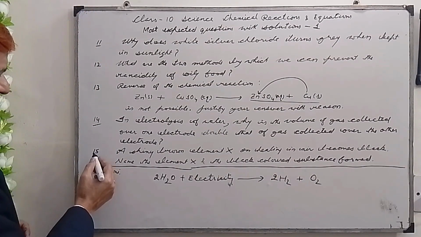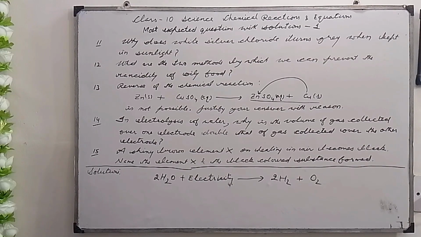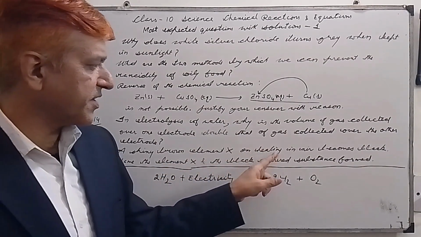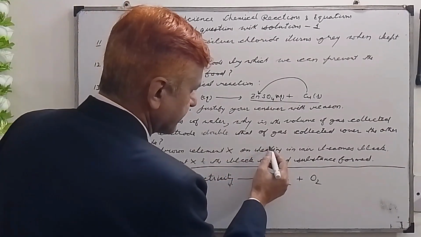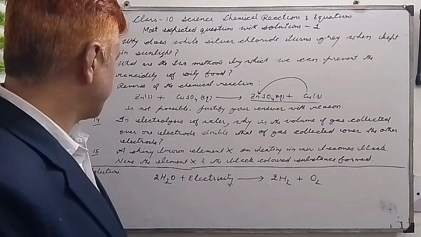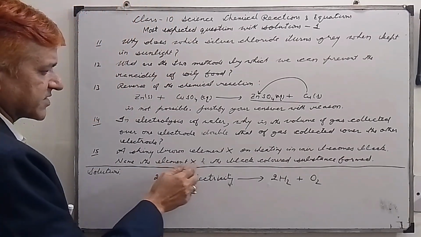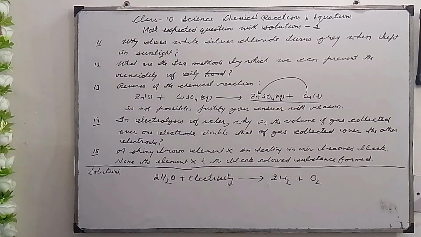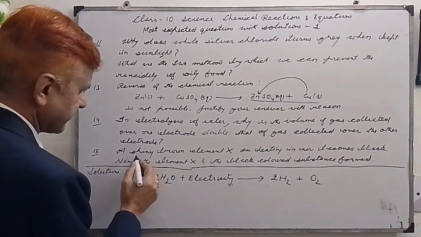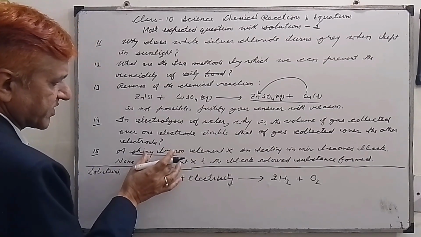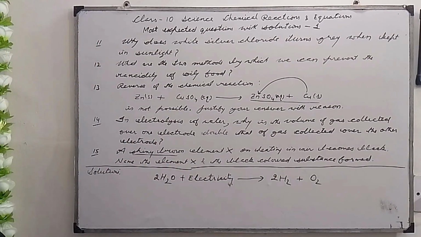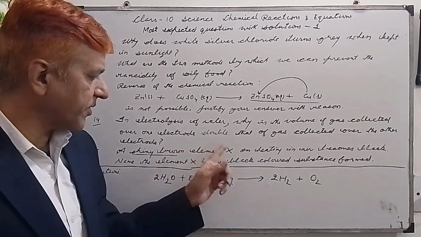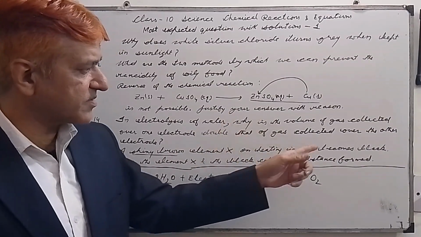And now we have the next question. A shiny brown element X on heating in air becomes black. Name the element X and the black colored substance formed. My dear students, shiny brown color, the hint you get from here is copper. When you heat copper, it turns black.